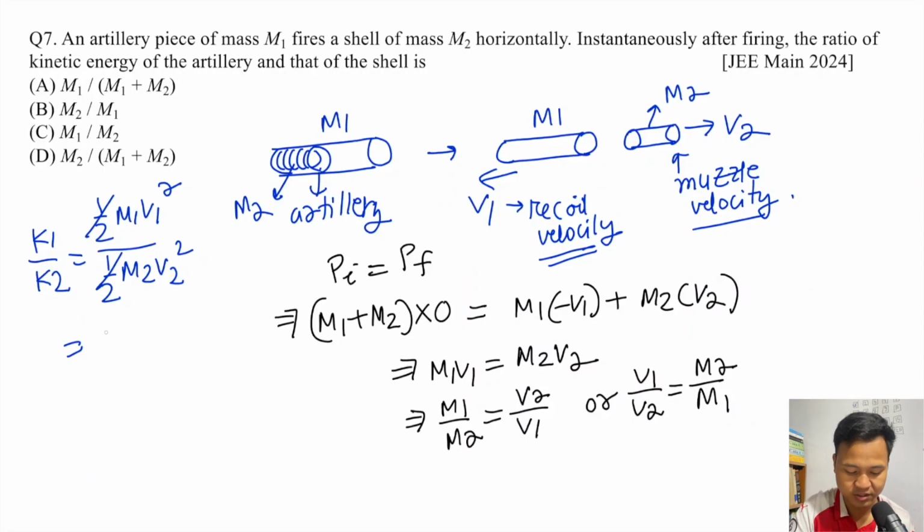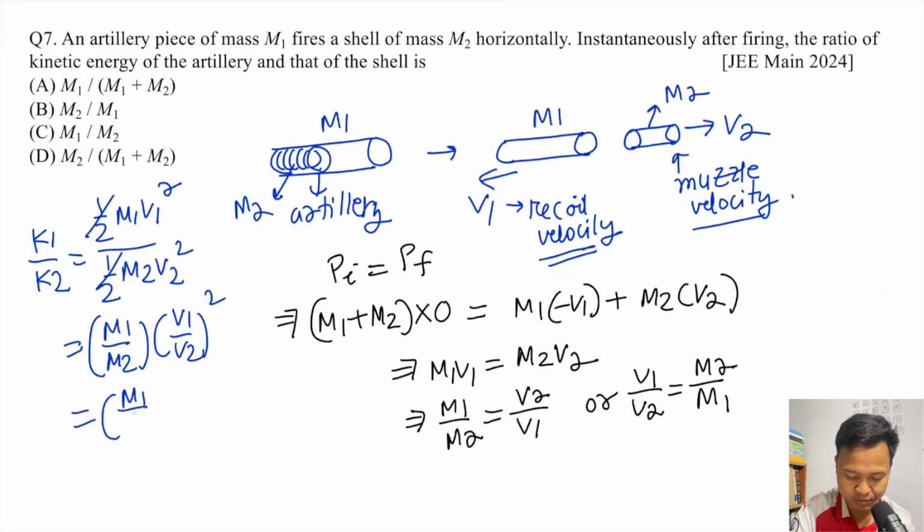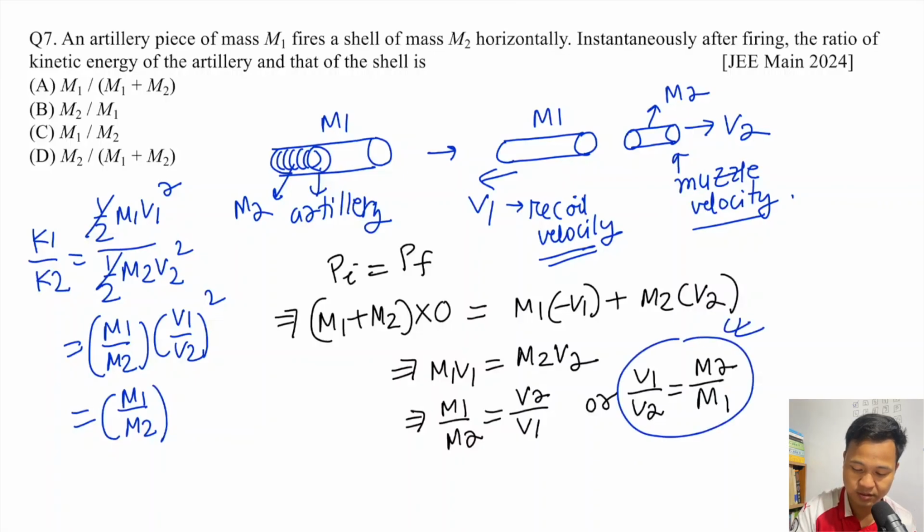Okay, so I will have here m1 by m2, right, into so v1 by v2 whole square, right? How much is this? M1 by m2 into v1 by v2 who is that? Japan here. So m2 by m1 na m2 square divided by m1 square. So here m2 gets cancelled out, m1 gets cancelled out. So finally you have m2 divided by m1. Okay, answer to PM option B.